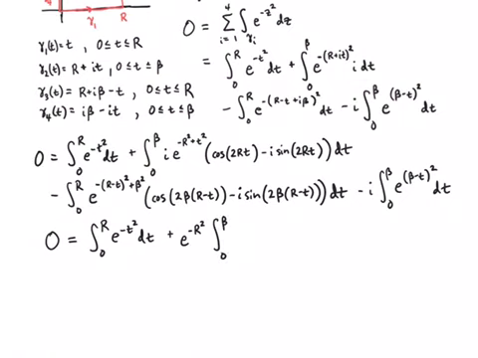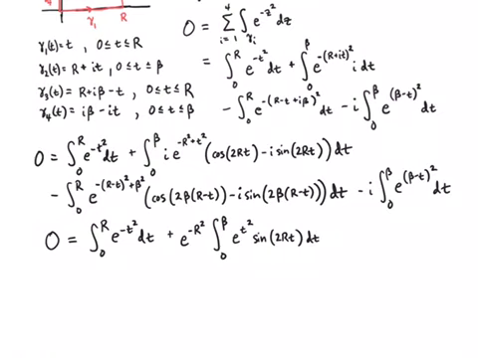Integral 0 to beta, e to the t squared times sine of 2rt dt. That's real, since the i and the minus i times the sine come together, and then you have something real.